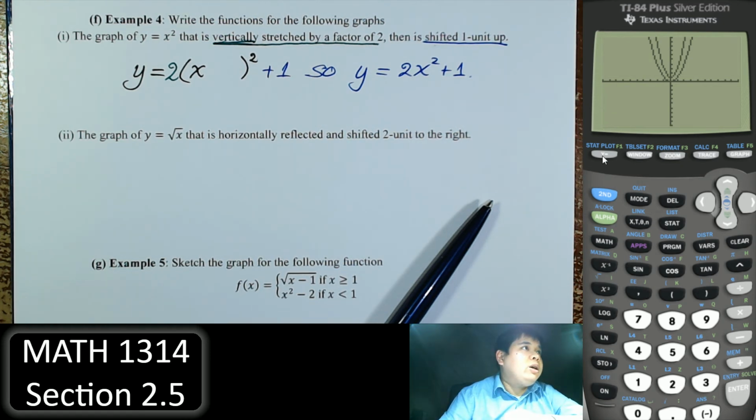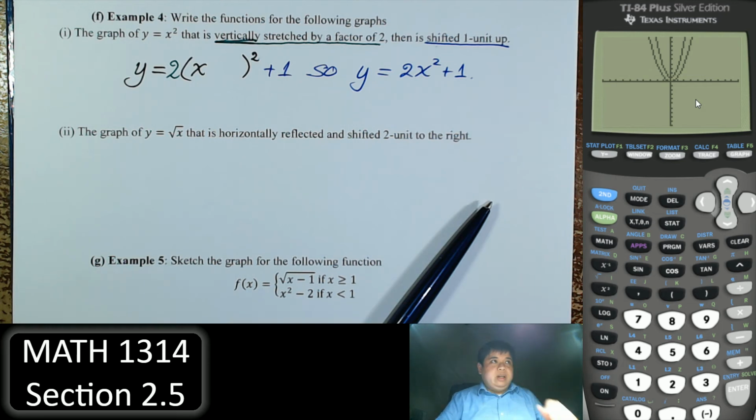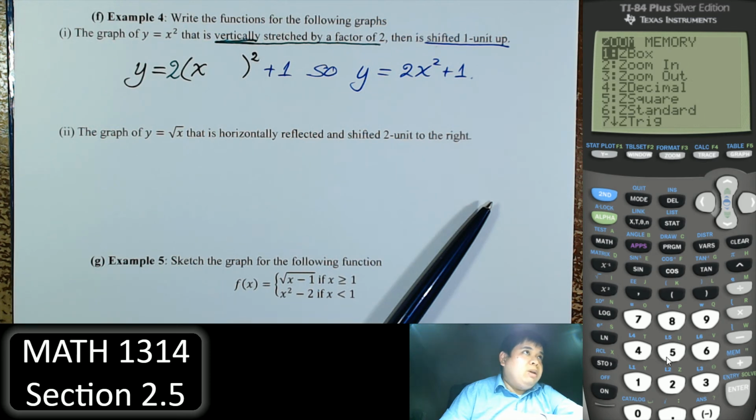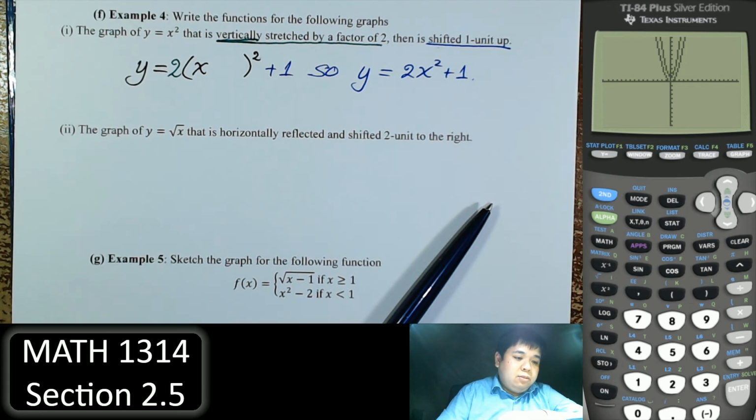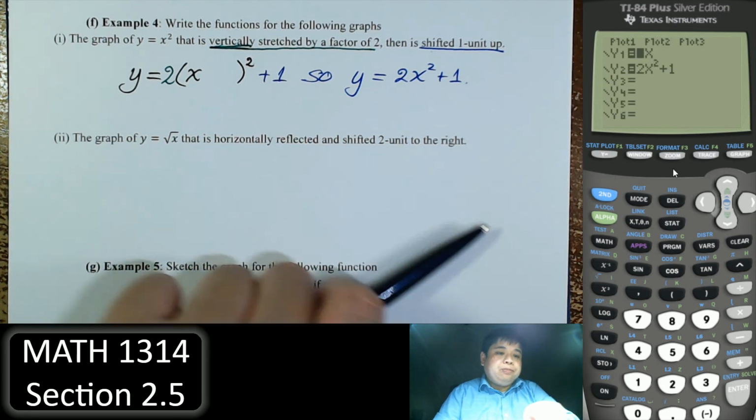Do we have 2x squared? Yeah. We stretch and then move 1 unit up. Maybe zoom number 5. Yeah.